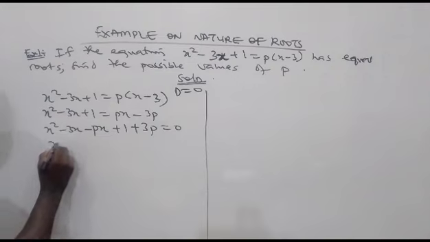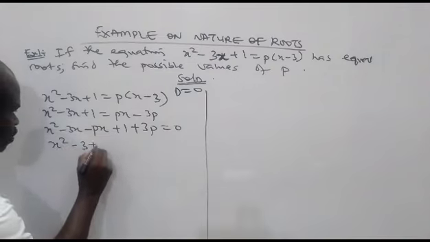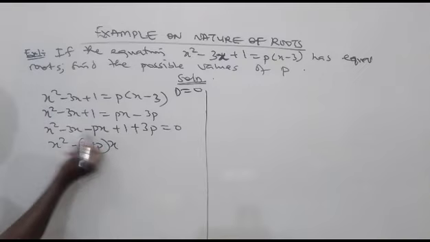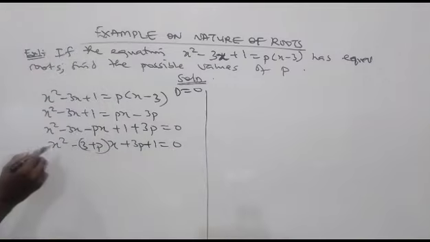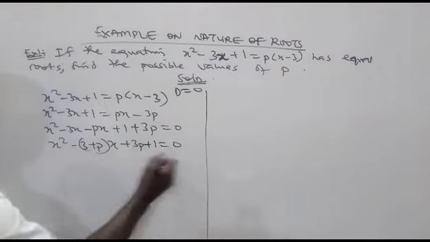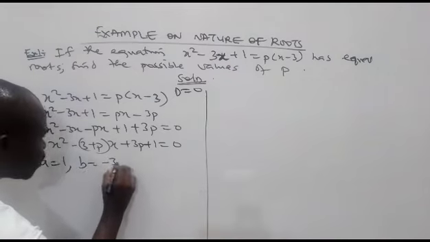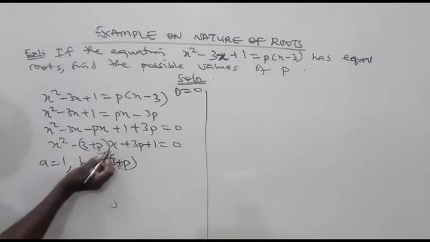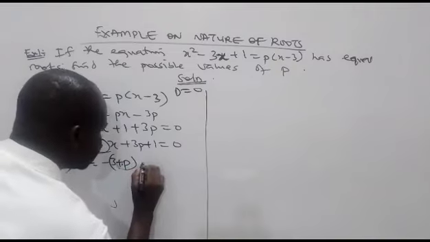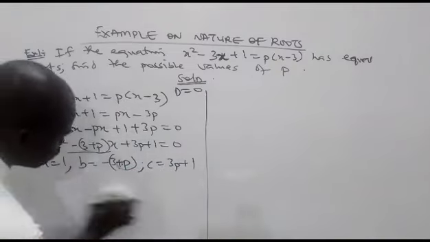So let's write everything: x squared minus (3 plus p) into bracket x, I've been able to group this together, then plus 3p plus 1 equal to 0. So we have everything in the form of a quadratic equation now, so that our a will be equal to 1, that is the coefficient of x squared. Then b will be equal to minus (3 plus p), that is the coefficient of x. Then c, which is the constant, is equal to 3p plus 1. That is what we have been able to do.